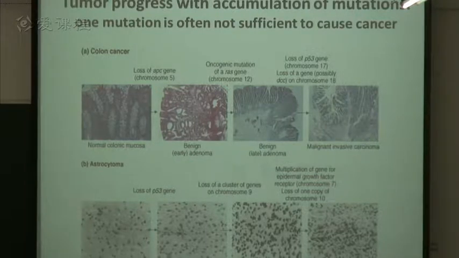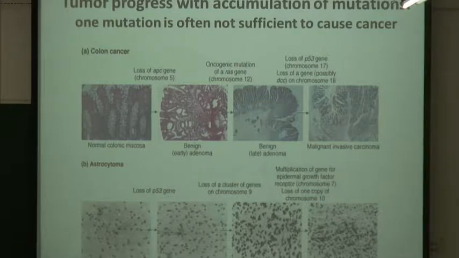During the progression, you activate another oncogene, the RAS oncogene, and you get more cell proliferation, still confined to the territory. Then you continue to lose the tumor suppressor gene P53, and also other cancer critical genes. In the end, you get the malignant invasive carcinoma.